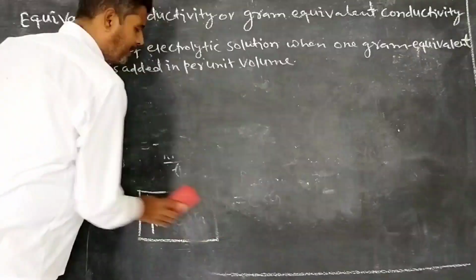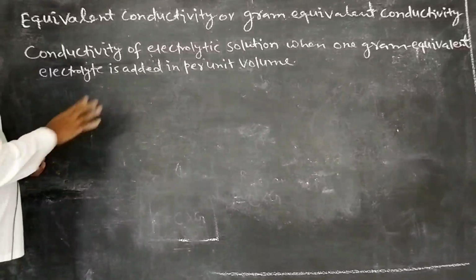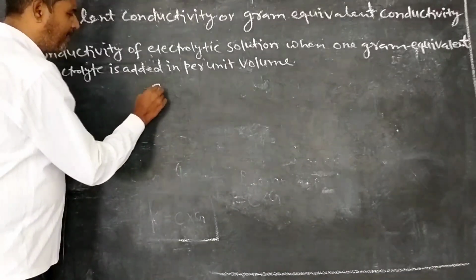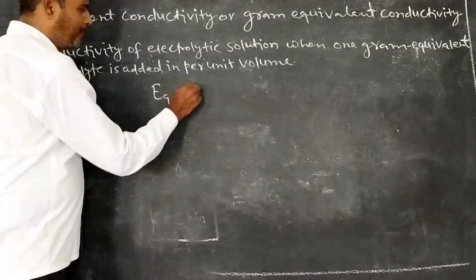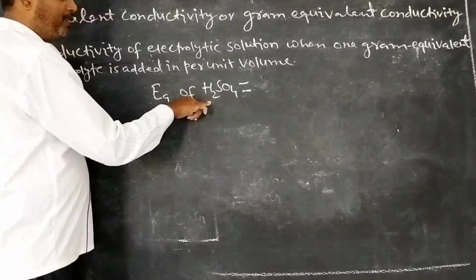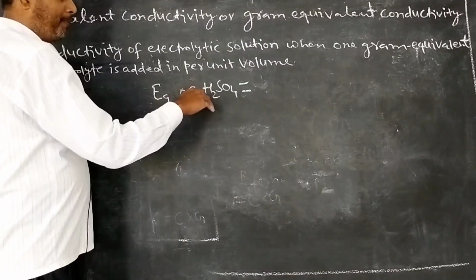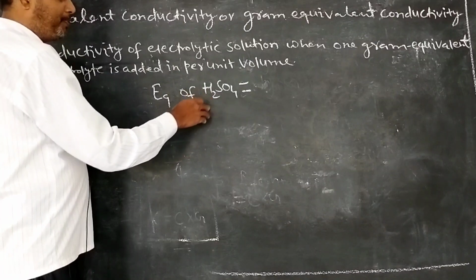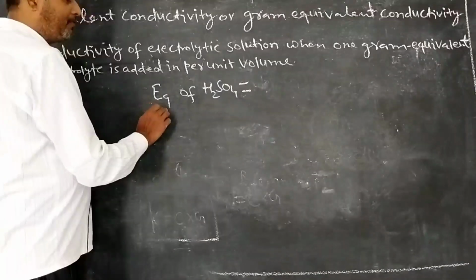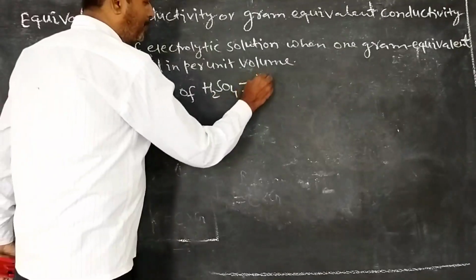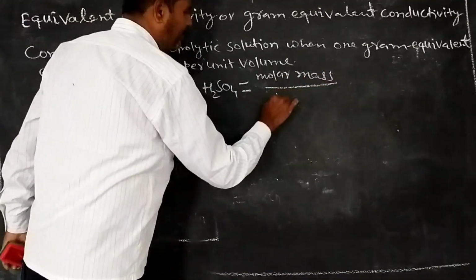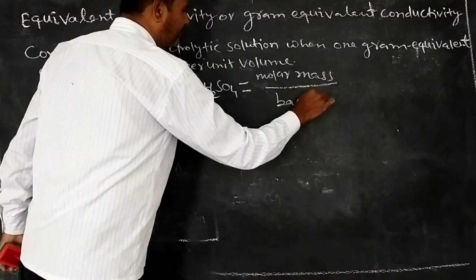So what does 1 gram equivalent sulfuric acid mean? Let us consider as an example the equivalent weight of H2SO4. The basicity of H2SO4, meaning the number of replaceable protons in sulfuric acid, is 2. So its equivalent weight will be equal to molar mass upon basicity.